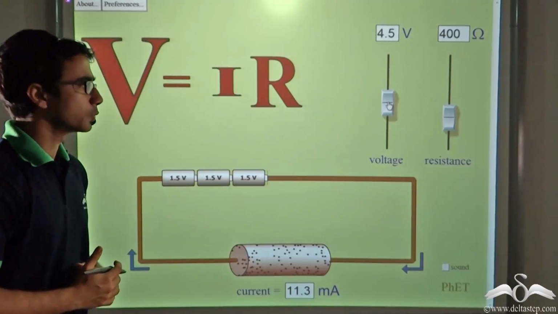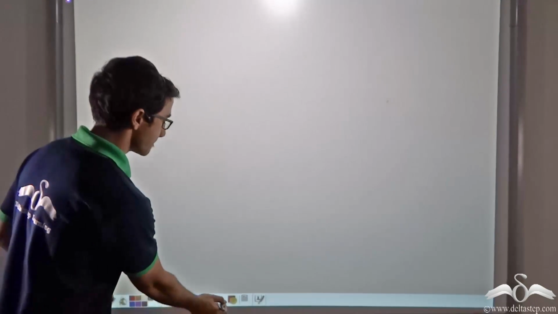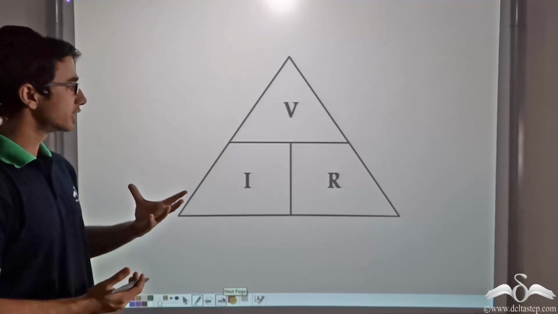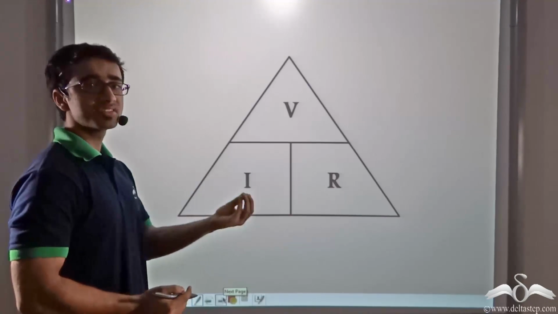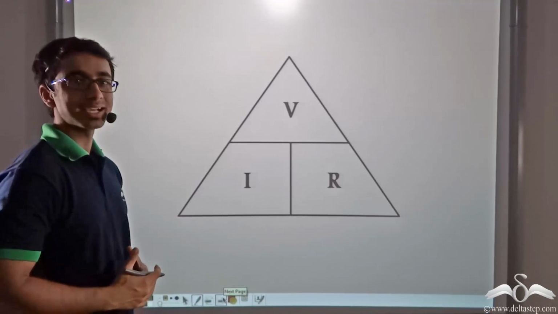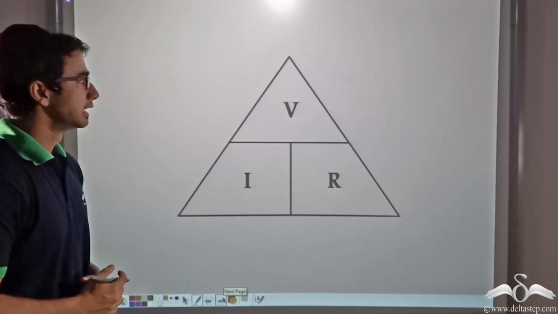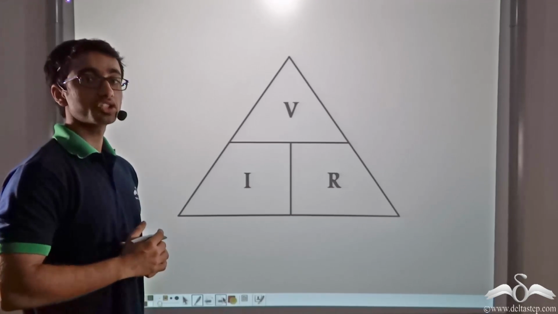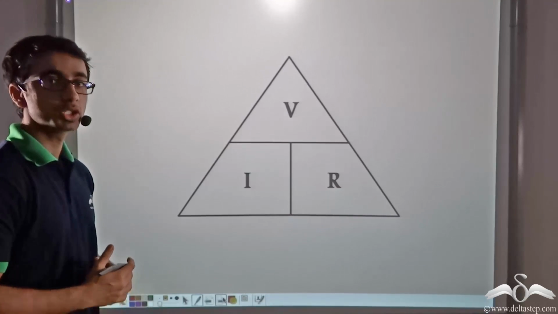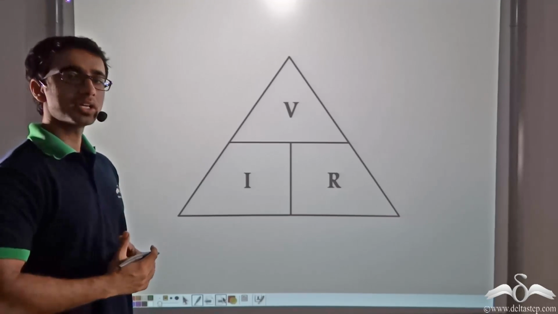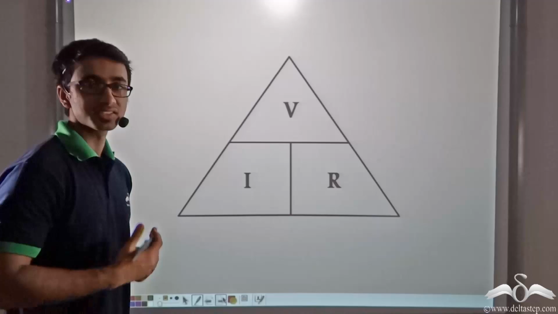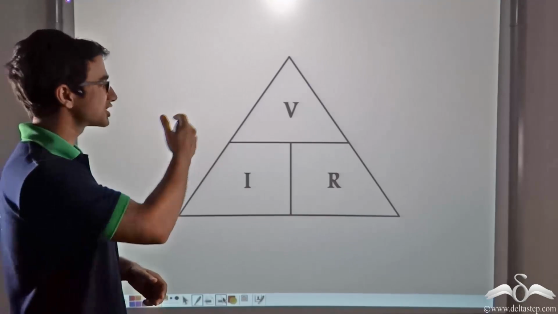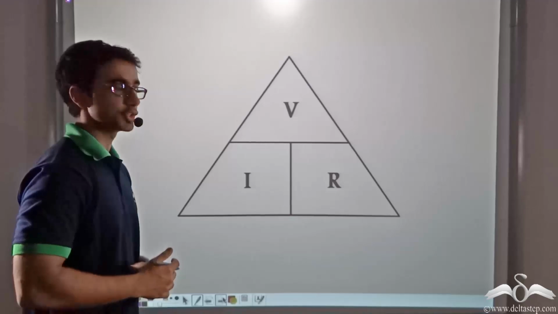So now we are going to move forward and find out how we can calculate voltage, current or resistance, provided one of them has been provided to us. You must be wondering what will happen if you forget the relation V equals IR, or the fact that V is directly proportional to current. Well, you do not need to worry, because this triangle will ease things for you.